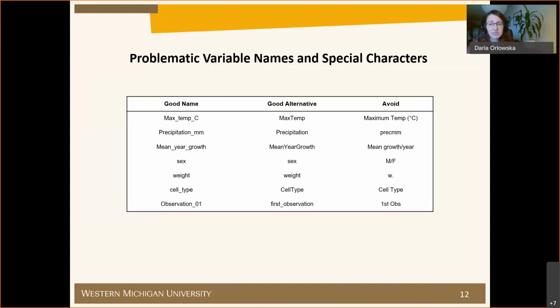Including the units in the field name avoids confusion and enables others to readily interpret your fields. However, you should be careful that when you are putting units, such as in the first example, degrees Celsius, that you are putting it in a way that is not introducing special characters like parentheses or the degree symbol.